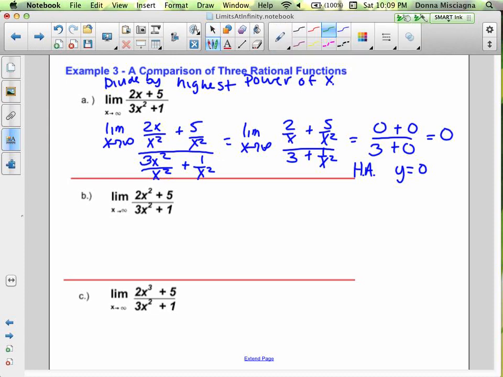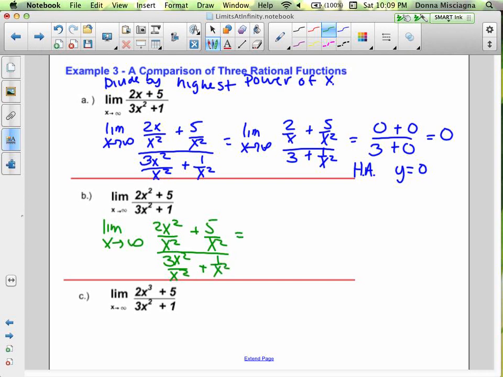Let's look at this one. So we have the limit as x approaches infinity of 2x squared, we're dividing everybody by x squared, plus 5 divided by x squared, all divided by 3x squared divided by x squared plus 1 divided by x squared.